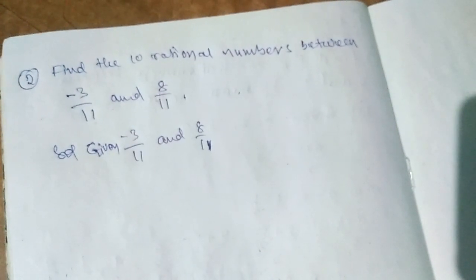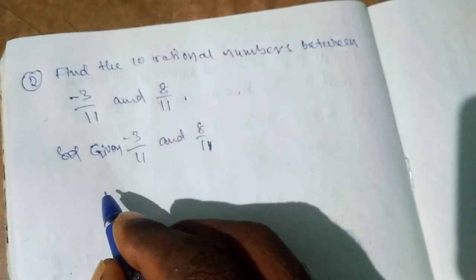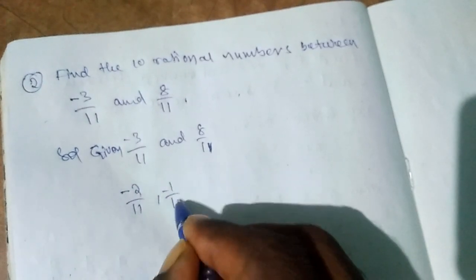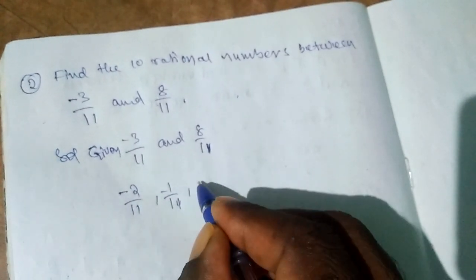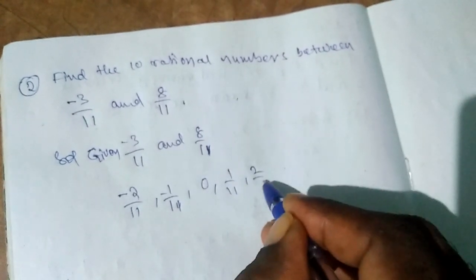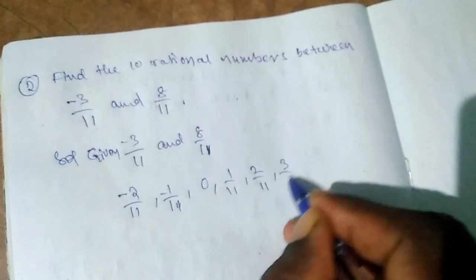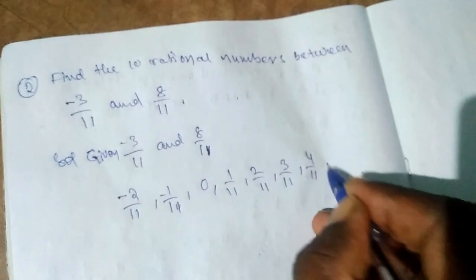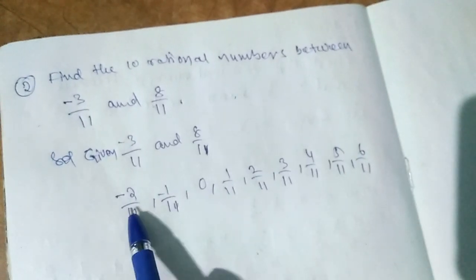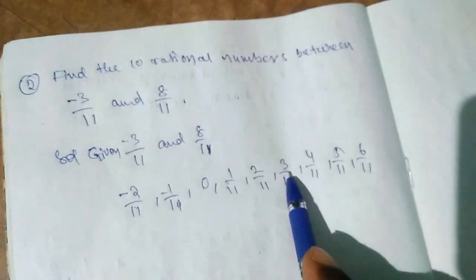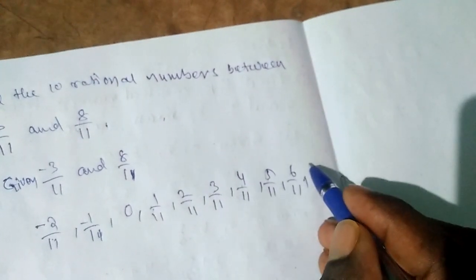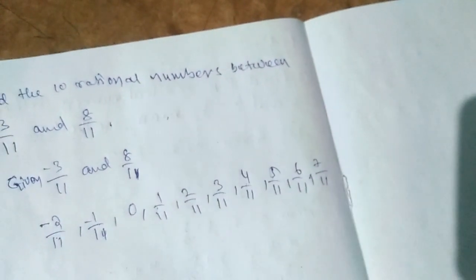They are minus 2 by 11, minus 1 by 11, 0, 1 by 11, 2 by 11, 3 by 11, 4 by 11, 5 by 11, 6 by 11, 7 by 11.